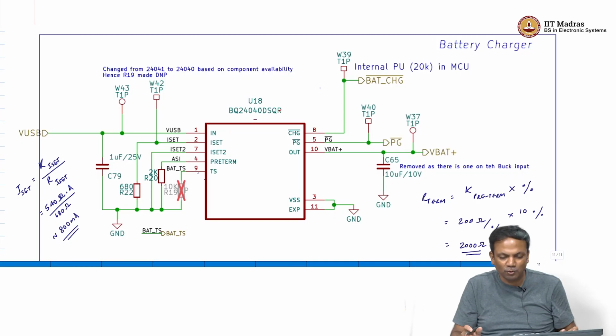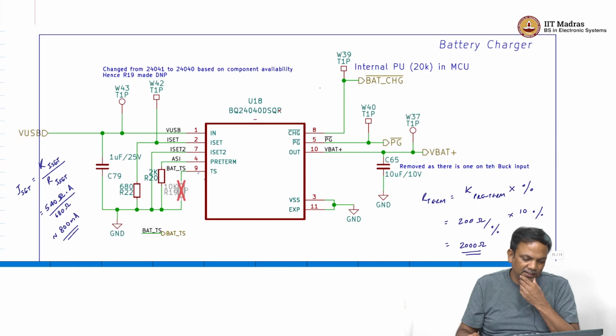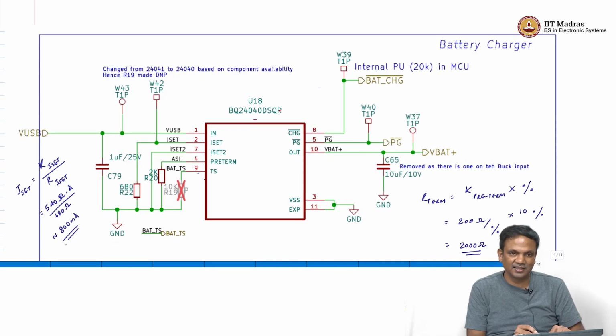So, this is how you would put together a schematic for the battery charger subsystem. This subsystem now answers all of the questions that were of interest to us. We have determined our fast charge current, which we have set to 800 milliamp.